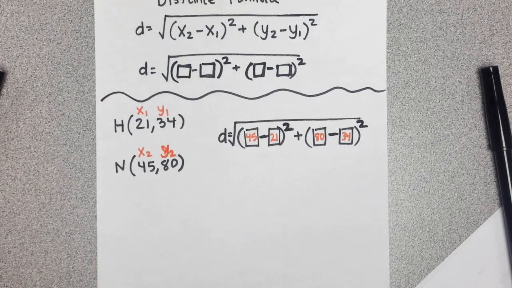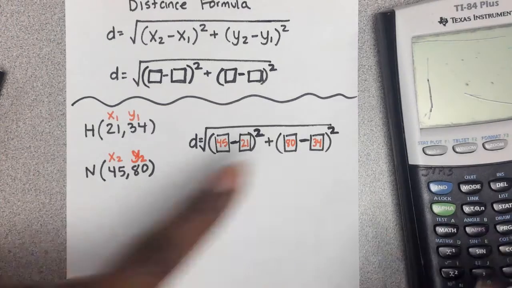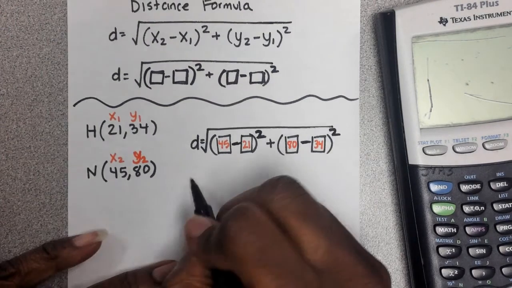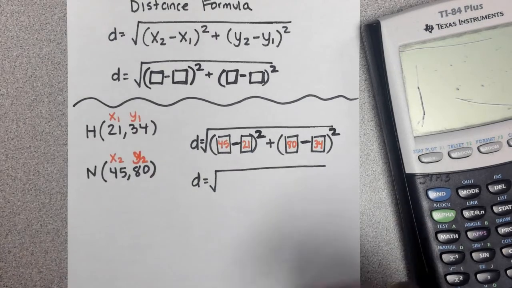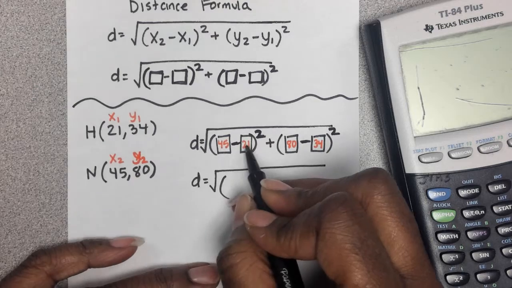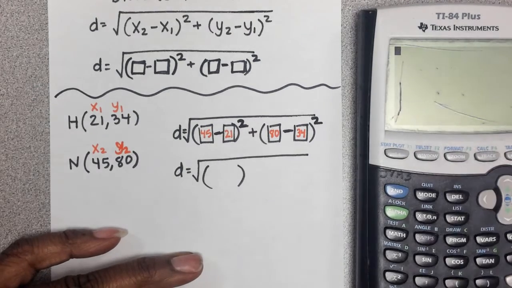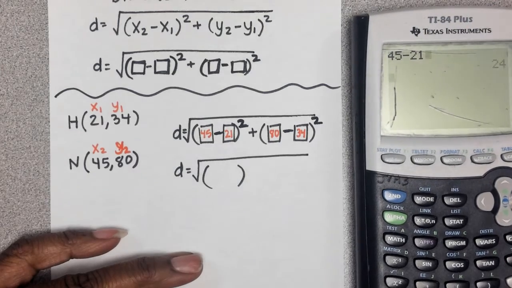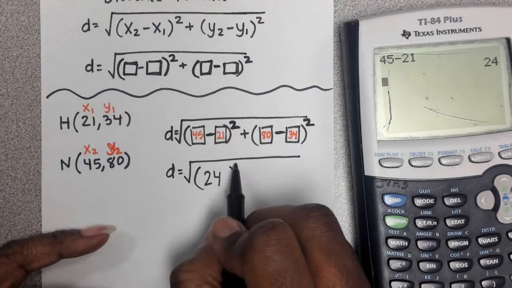I was telling my students, well, yeah, you could plug in all of this, but you might make an error somewhere plugging it in. So I advise that you simplify it a little bit before you start plugging things in, which means figure out, what is this 45 minus 21? So there's less stuff to have to put into the calculator. So 45 minus 21 is, we get 24. Don't forget your power of 2.